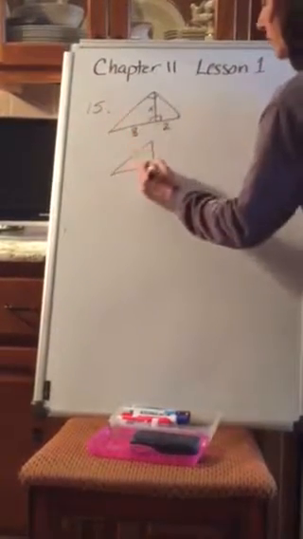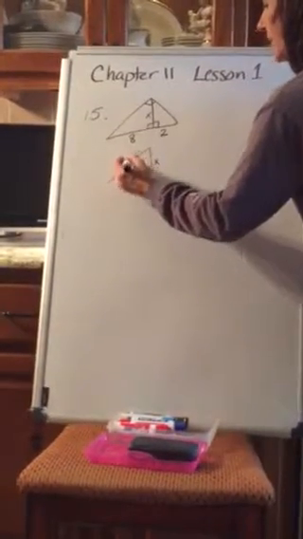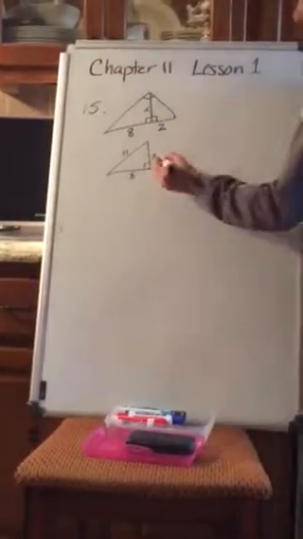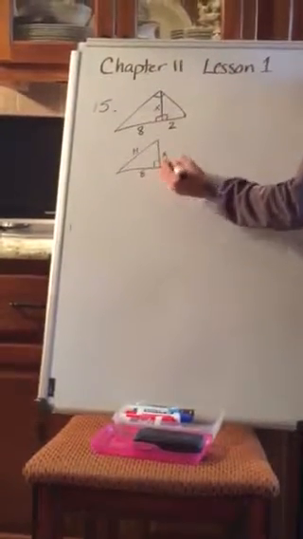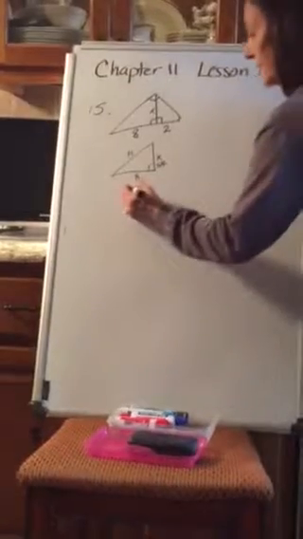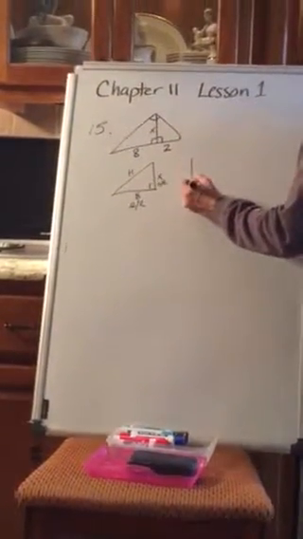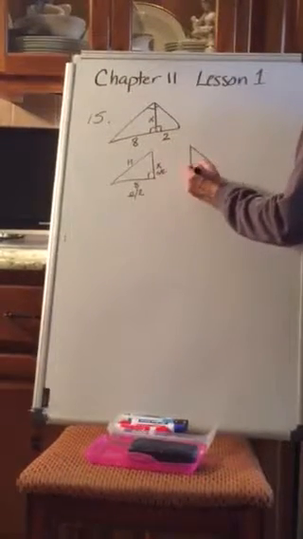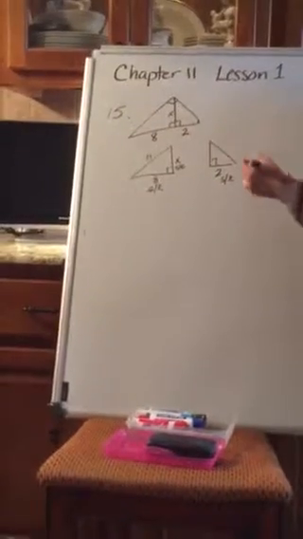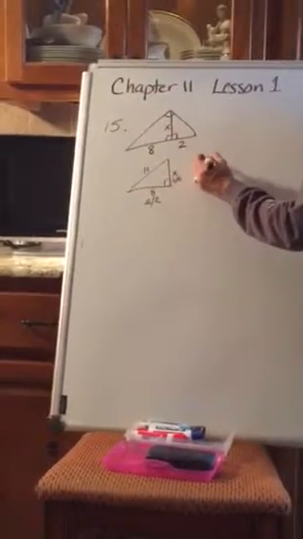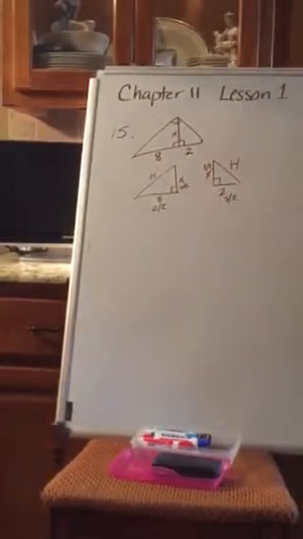You see the large one, and now we have 8X, and I'm going to label that the hypotenuse. X here is the shorter leg, and this is the longer leg. Then we'll look at the right side triangle. 2 is the shorter leg, X is in this one the longer leg, and here is your hypotenuse.